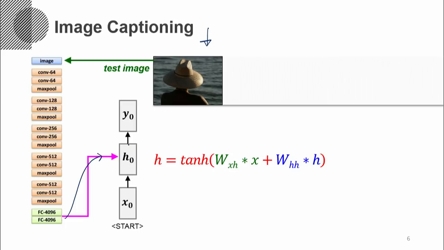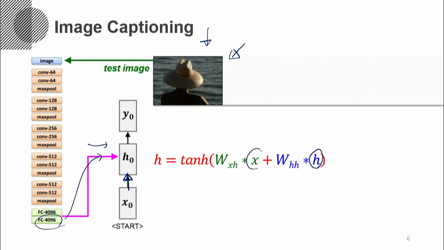By using this RNN module, we generate a sequence of caption words that explains our test image. Initially, as an input word, we can give a start of string or start of sentence token.